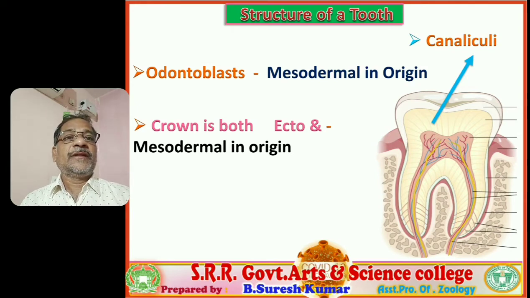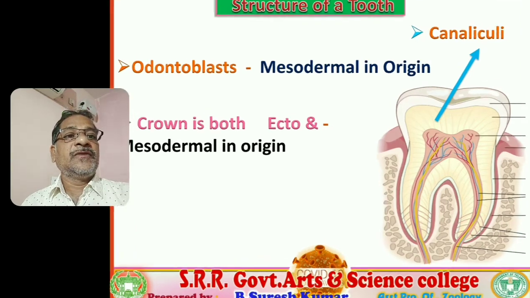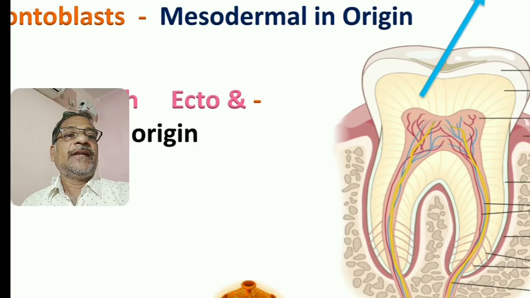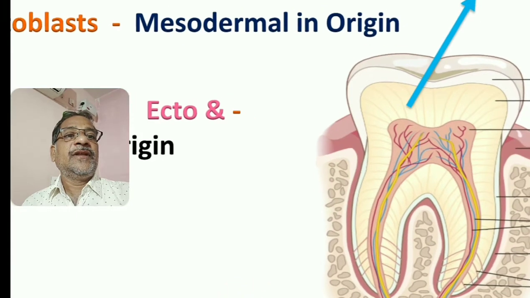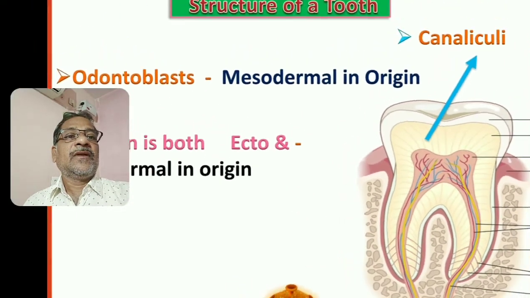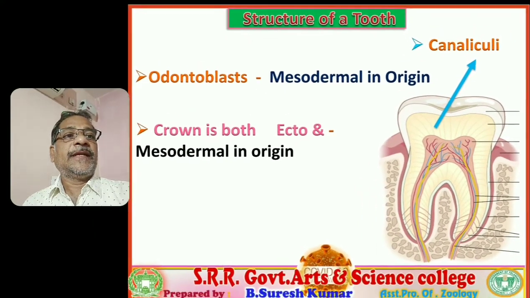So it is dual, both ecto and mesodermal. The remaining part of the teeth, the neck and the root, exclusively contains dentin substance. So it is completely mesodermal in origin. So you observe canaliculi very clearly. Understood? Right.